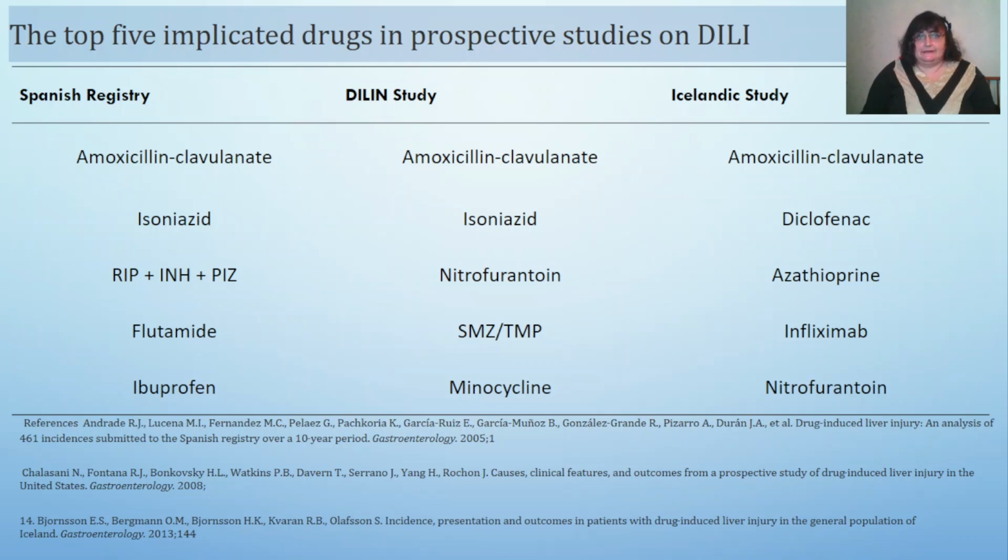The top 5 implicated drugs in prospective studies: you see the reference of these studies. It's the study of drug-induced liver injury, an analysis of 461 cases submitted to the Spanish registry over a 10-year period, and another one is causes, clinical features, and outcomes from a prospective study of drug-induced liver injury in the United States. When we're talking about the Spanish registry, what they pay attention to in this registry is amoxicillin clavulanate.